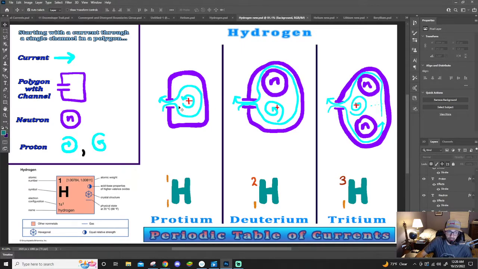We can't just go from protium here without the stable masses included. So once this mass produces a second neutron over here, then the proton, this rotating system, is essentially forced between them. And the current coming in is also expedited in this way by the centering of the proton.